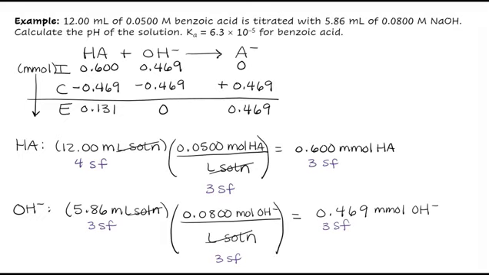At this point, the E row of the millimole table is telling us that we have HA and A-, both greater than 0, which means we're in the buffer zone.